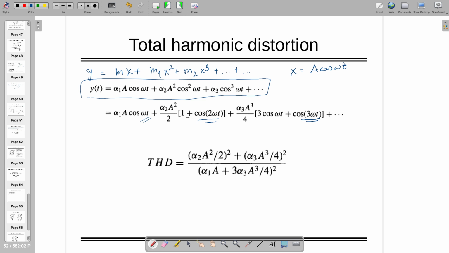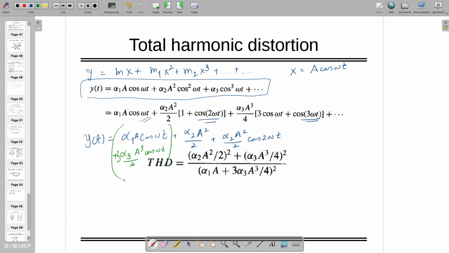Because cos square omega t is (1 plus cos 2 omega t) divided by 2, and cos cube omega t is (3 cos omega t plus cos 3 omega t) divided by 4. So this is going to give you something like alpha 1 a cos omega t plus alpha 2 a square by 2 plus alpha 2 a square by 2 cos 2 omega t plus alpha 3 a cube by 4 times 3 cos omega t.